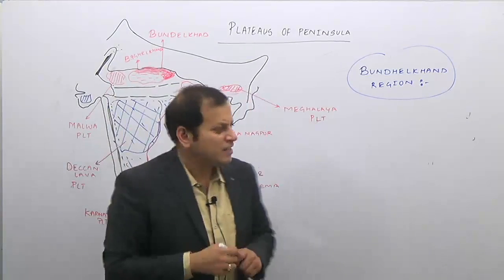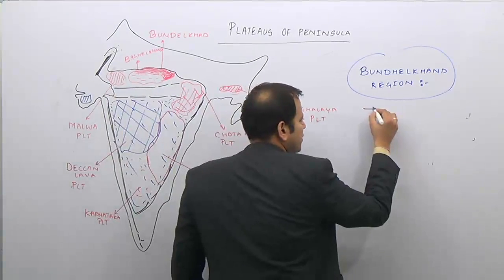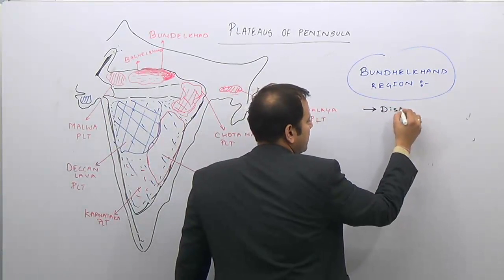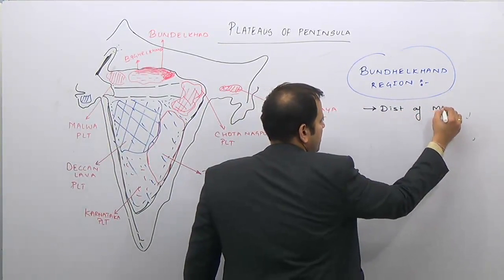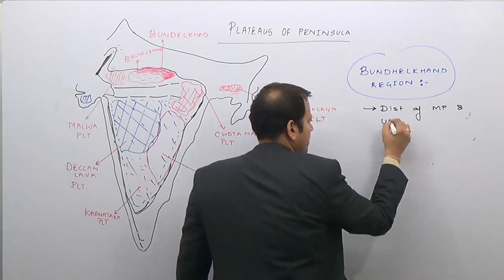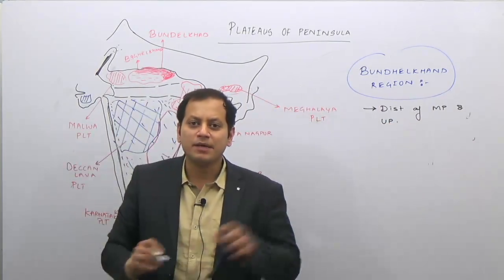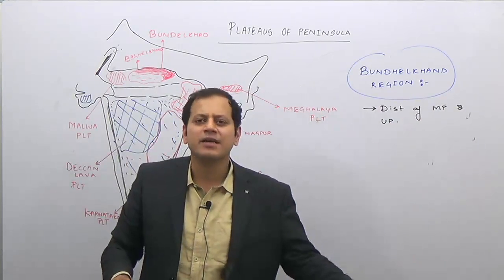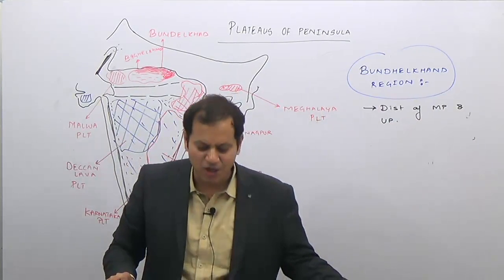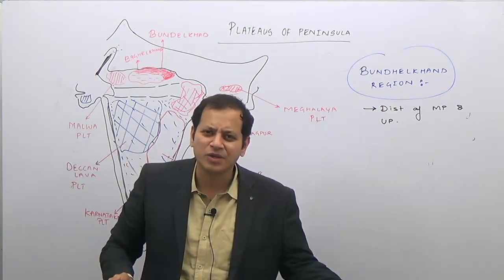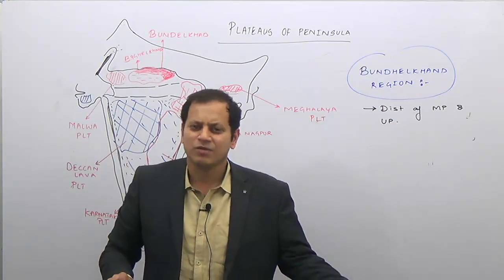Politically, the Bundelkhand region is made up of some districts of MP, Madhya Pradesh, and some districts of UP, Uttar Pradesh. You do not have to go into detail about which districts are there.